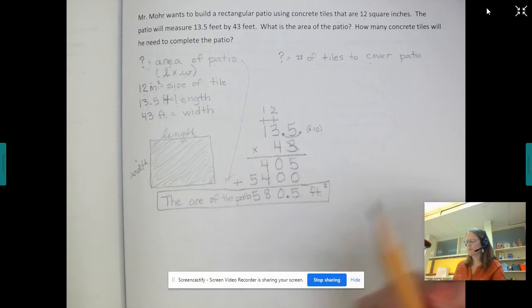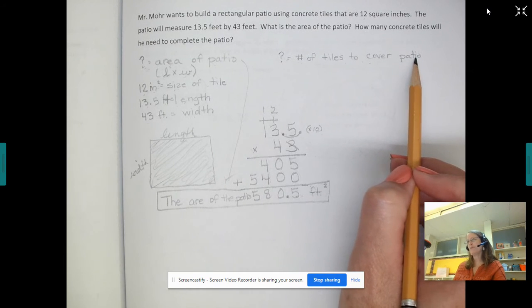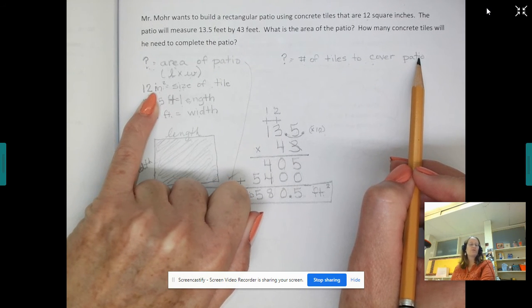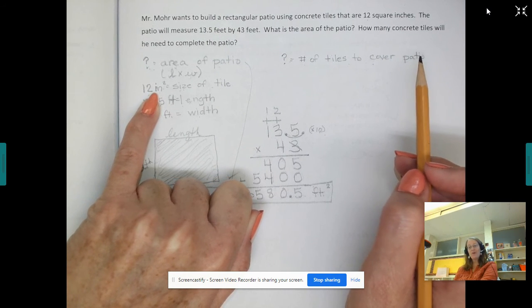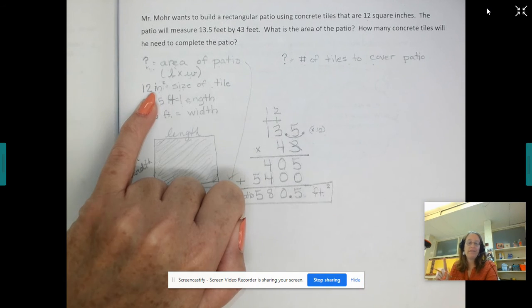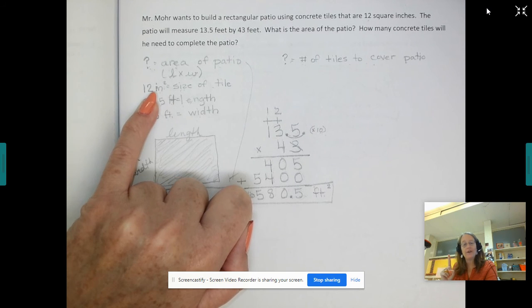The next question we have to answer is, how many tiles is it going to take to cover the patio? I know that every tile is 12 inches squared. Well, you have to know that there are 12 inches in 1 foot. So each of these tiles is 1 square foot.